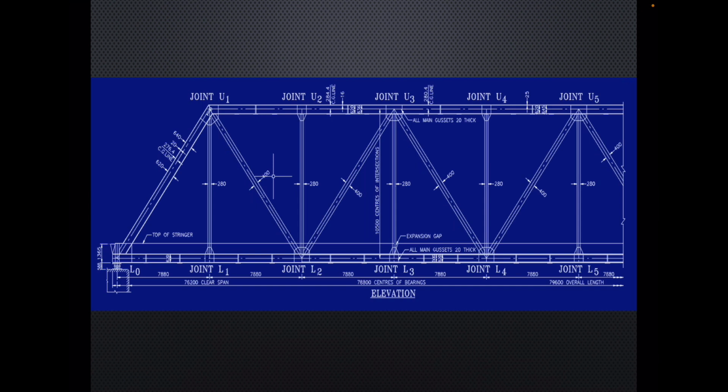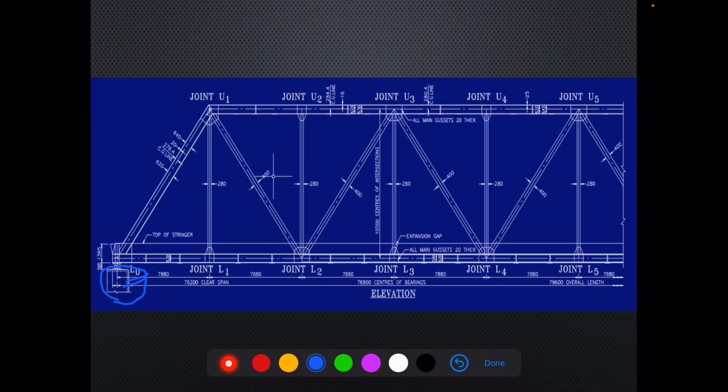Now, with the help of this knowledge which we just acquired, we can start looking at the drawings of a typical open web girder. This is the half elevation of a typical open web girder. Here there is support at L0.